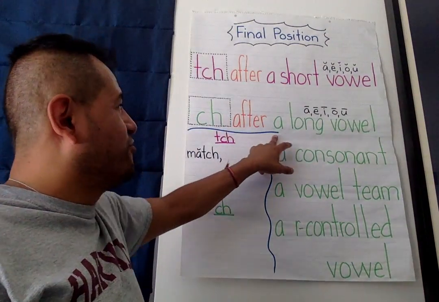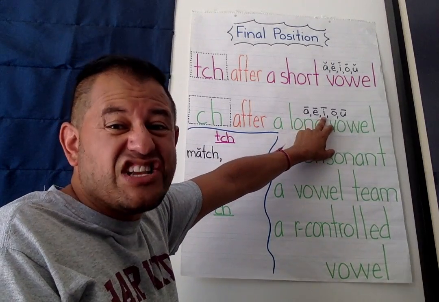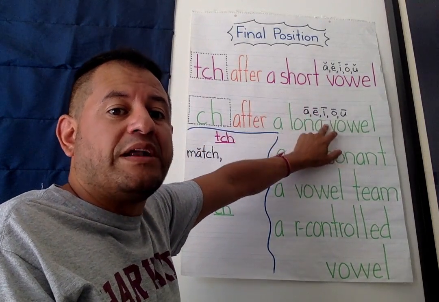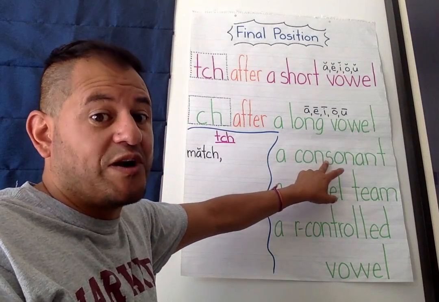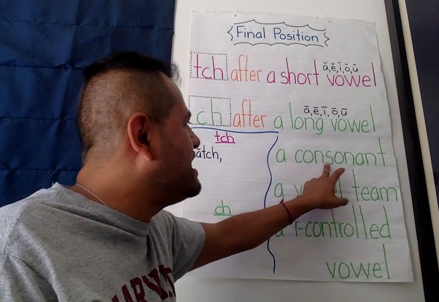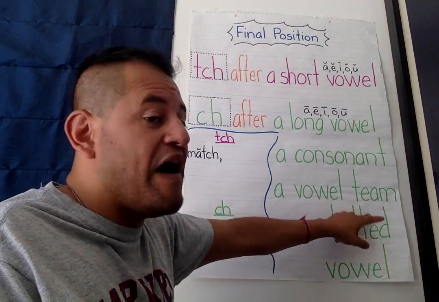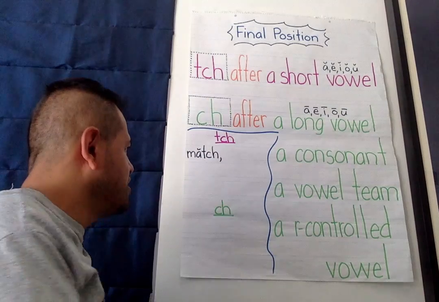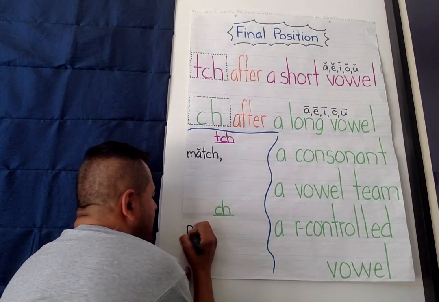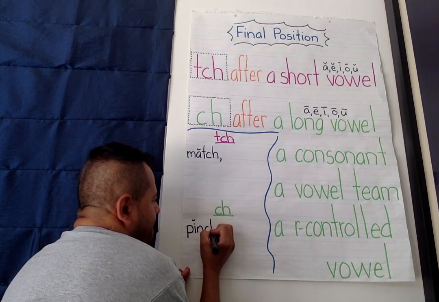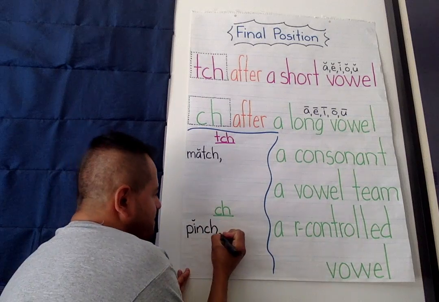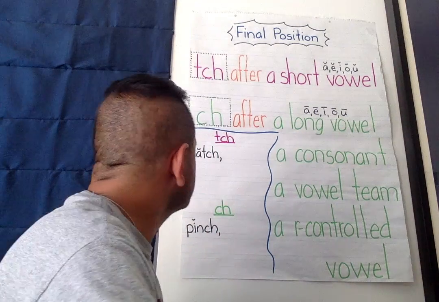No. Is it after a long vowel? No, because we don't say pinch. It's p-i, but we have a p-in. Is it a consonant? It does work. It's an n, a consonant. P-inch. And it's not a vowel team, so it's going to go in CH. Pin, ch. Pinch. Okay?